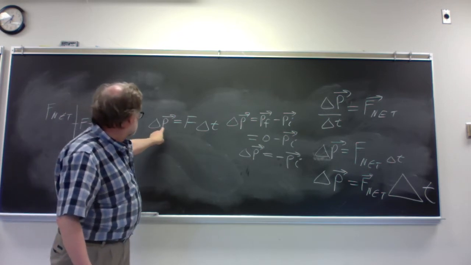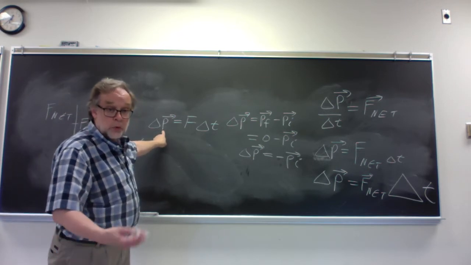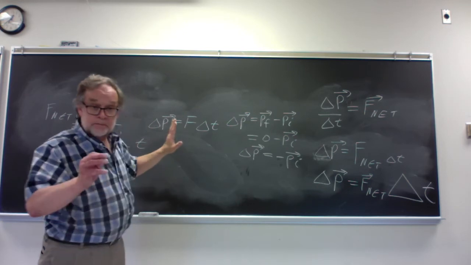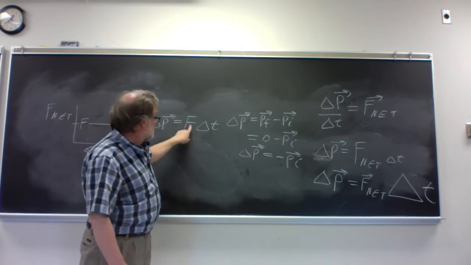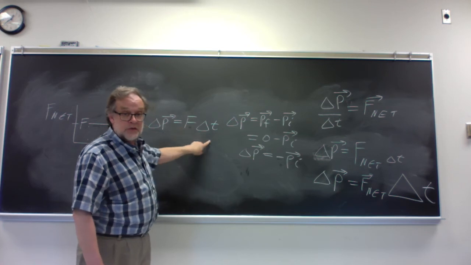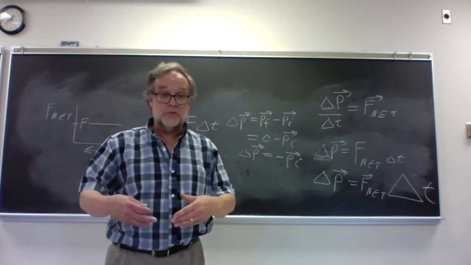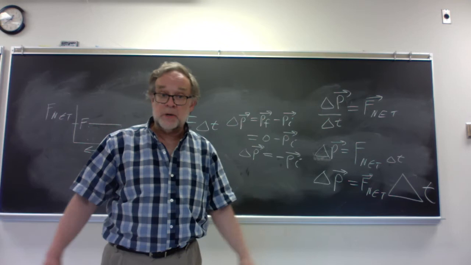So delta P will point in the positive direction, and that works out perfectly because this force is a positive force, so that's a positive number, and a length of time, by definition of length, has to be a positive number.